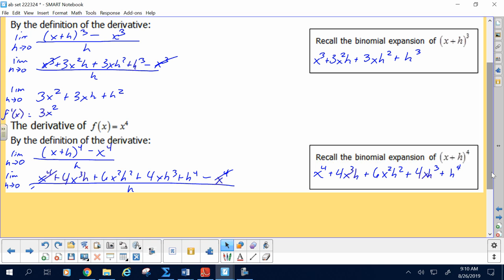Okay. Now looking for trends here, every one of these times, the first term subtracted away, yeah? You agree? And then as far as the h's, the second term had a single h and the rest of them had multiple h's.